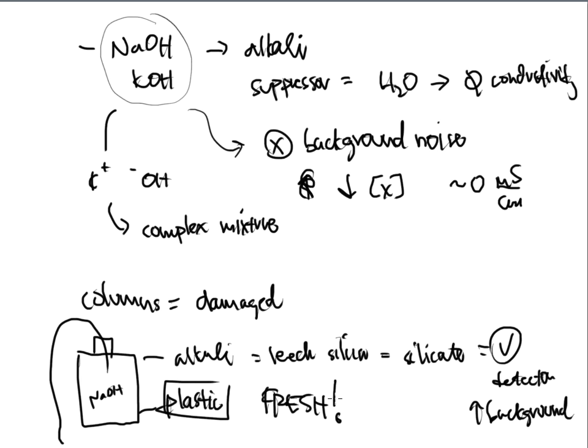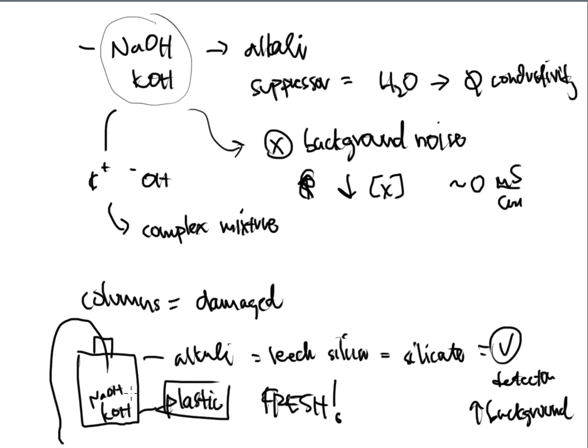So the recommended storage here is in plastic bottles, because in glass it begins to leach silica out, and that silicate is going to be picked up in the detection unit. This base is great for low concentrations, but you have to be aware of the problems that NaOH or KOH can have on the storage of the mobile phase on the machine.